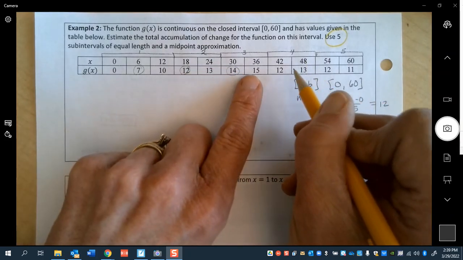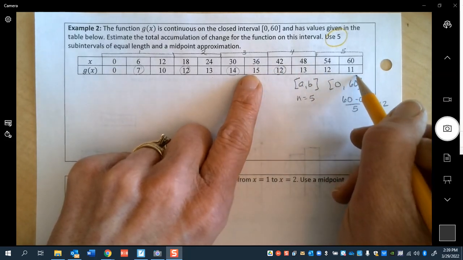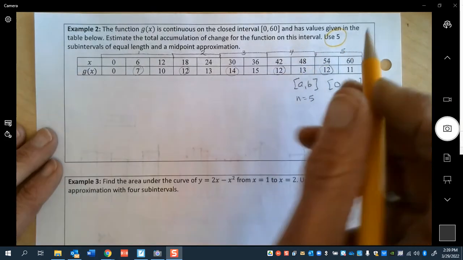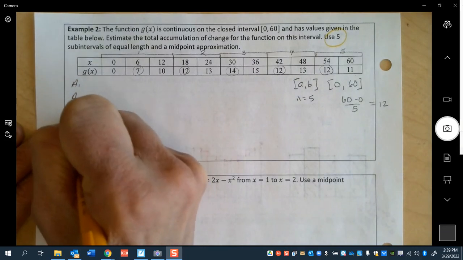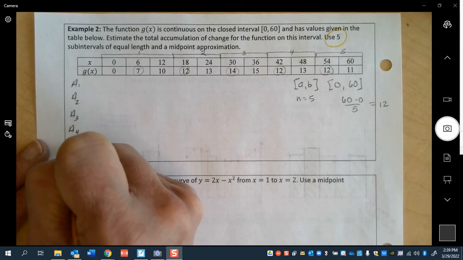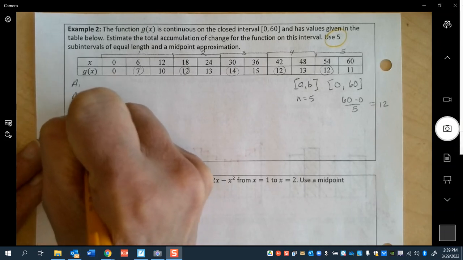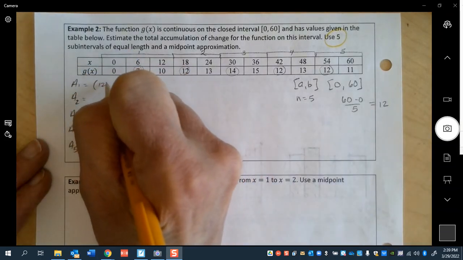Between 36 and 48, that's the output of my midpoint. Between 48 and 60, that's the output of my midpoint. So I'm finding the area of 5 different rectangles. Each of them has a width of 12.